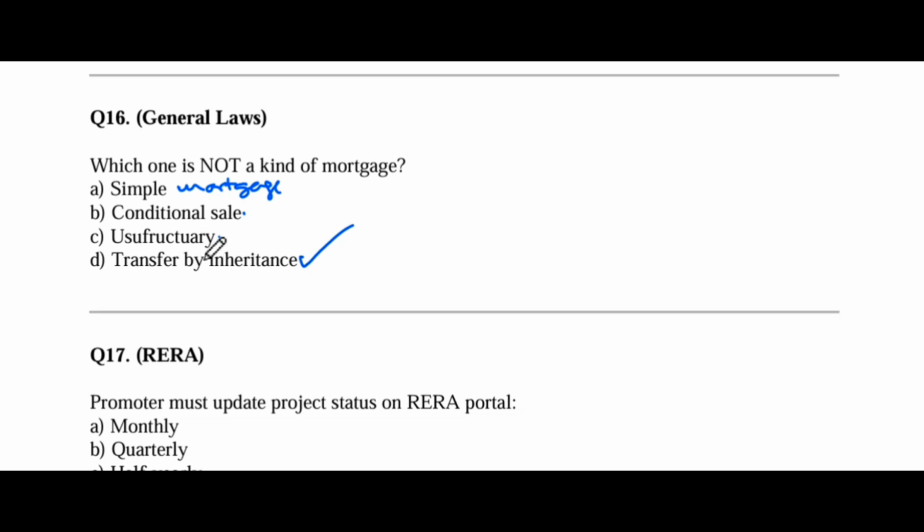And transfer by inheritance is not a type of mortgage actually. It is a mode of acquiring property through succession or a will after the owner's passing. It doesn't involve any debt or security arrangement. So the answer would be transfer by inheritance.